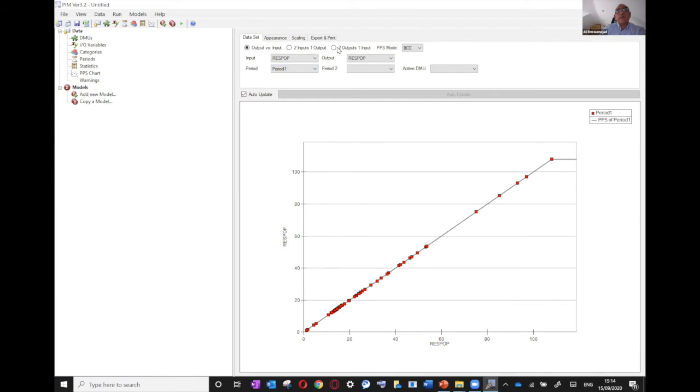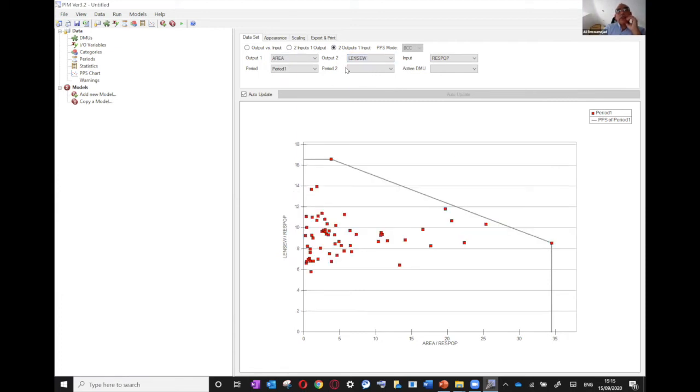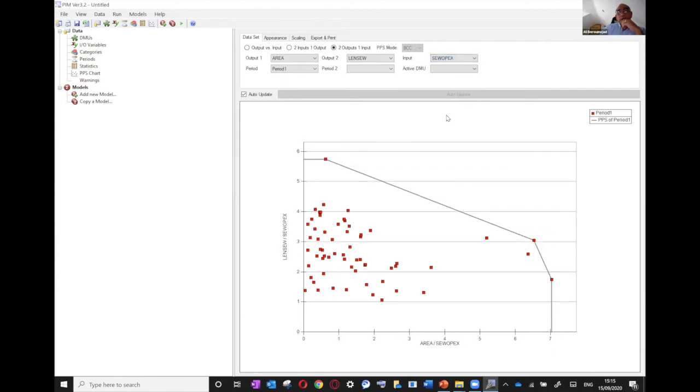In this case, just for the purpose of demonstration, let's take two outputs, area, for example, and the length as an output, and as input, the operating cost. So as you will see, this unit, for example, D3, the D2 and the H8 are efficient.